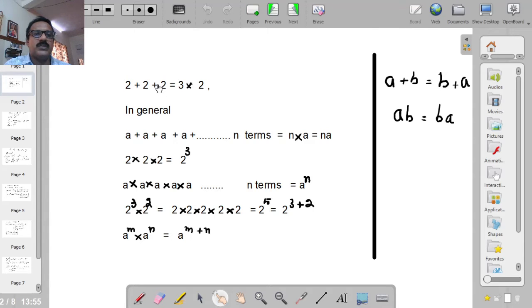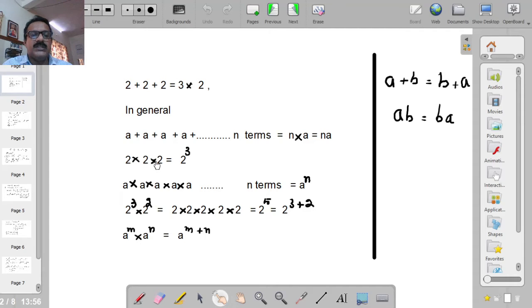In general, when n a's are added together, we get n times a, that is na. This is the meaning of multiplication. Adding n a's is equal to n into a.